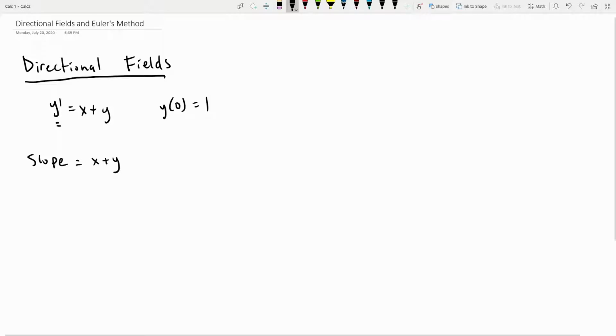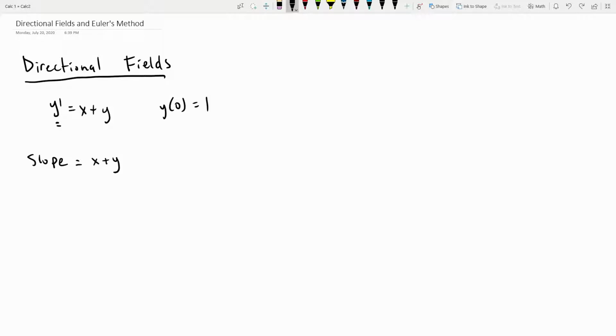So what we can do with this is draw out all the slopes and then from there match up where y of 0 is equal to 1. Essentially, we treat this y prime as a multivariable function. It takes in x and y as inputs, and then it tells us the slope of a line at a certain x and y coordinate pair.